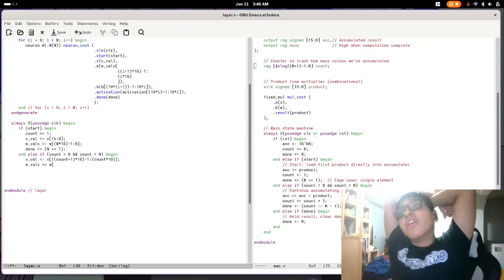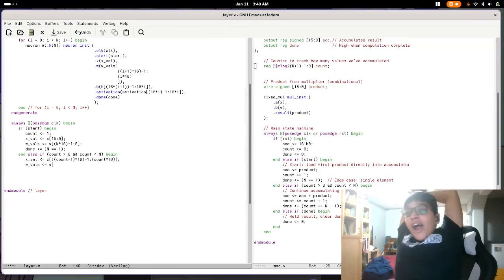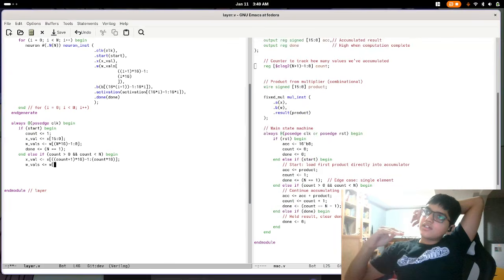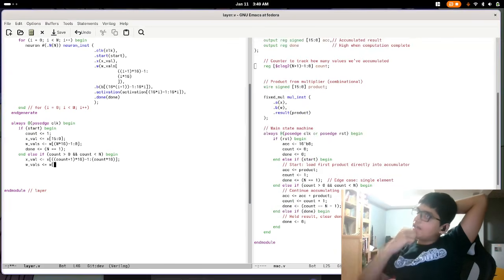So for every count, we would add m to the bottom, right? And the top.